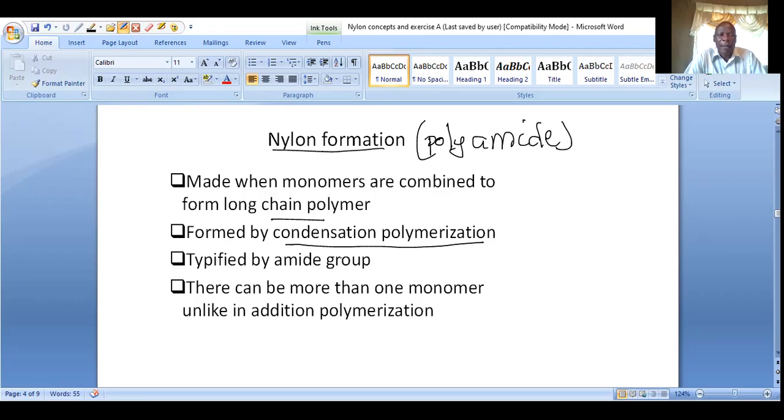These are typified by the amide linkage. There can be more than one monomer in condensation polymerization, but addition polymerization essentially uses one monomer.